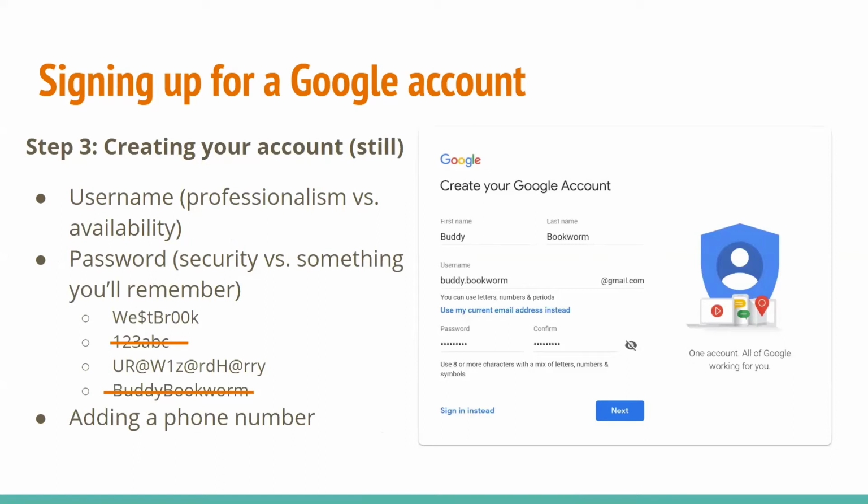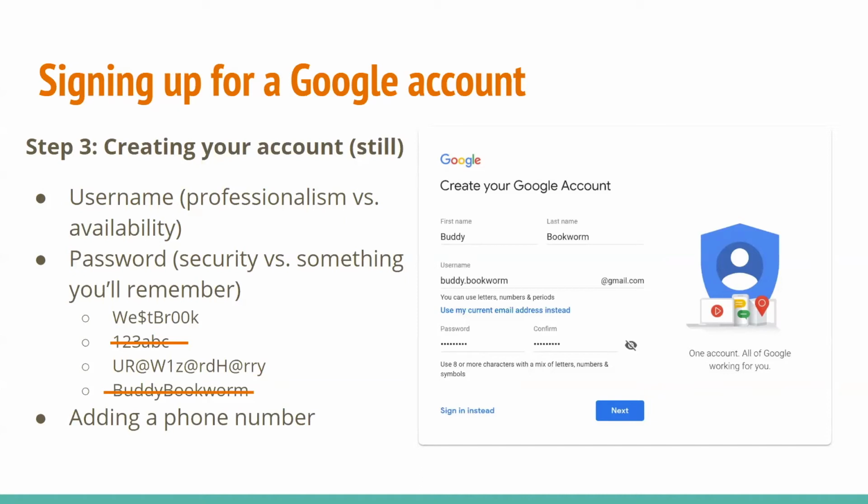When you're picking out a username, thinking about professionalism and availability are the two most important things. If you have a relatively common name, you're probably not going to be able to get the username first name, last name at gmail.com. It's probably already taken, in which case you'll want to switch it up a little bit.